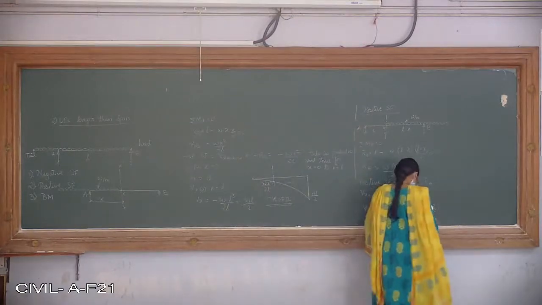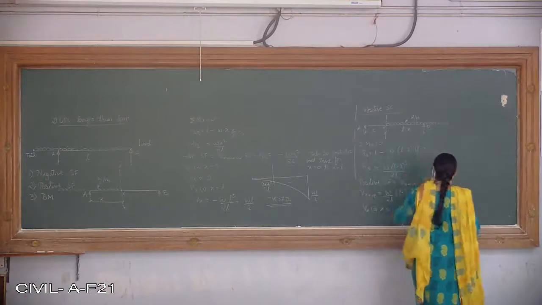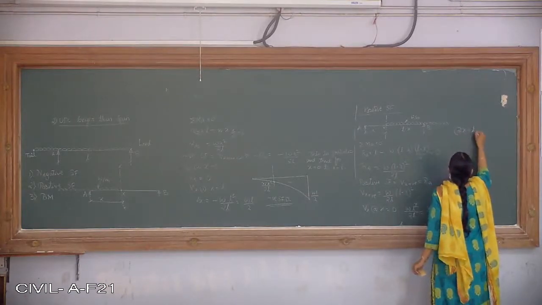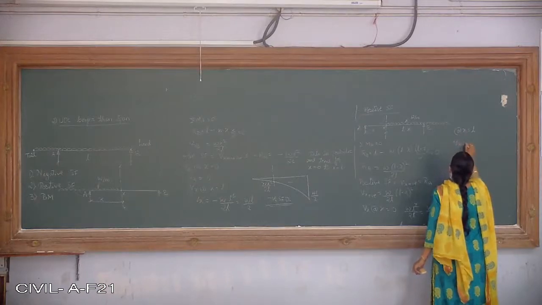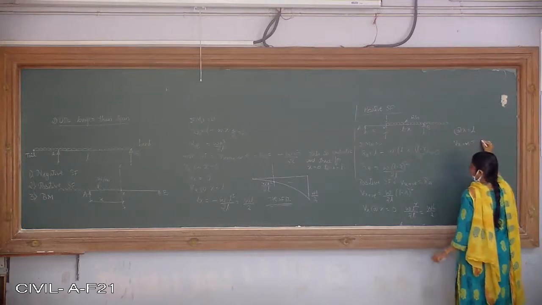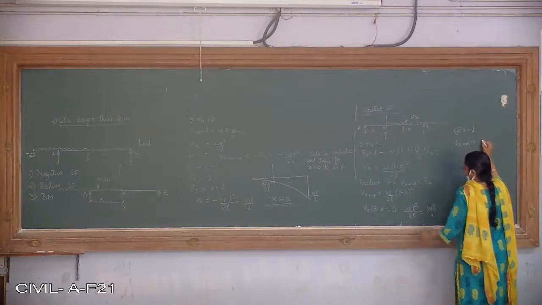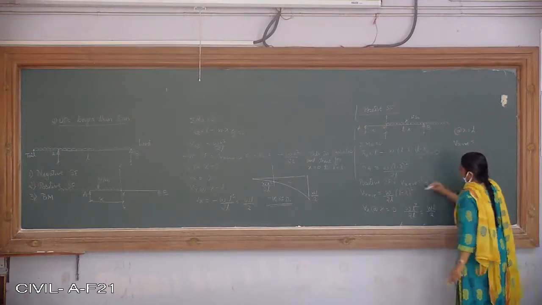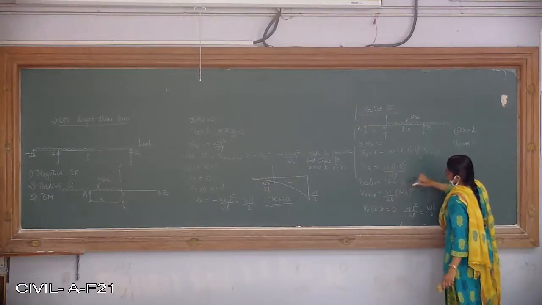Then next, at x equal to L, Vx positive is going to be, in this expression, again I substitute x equal to L. So you can see here L minus L is going to be 0.